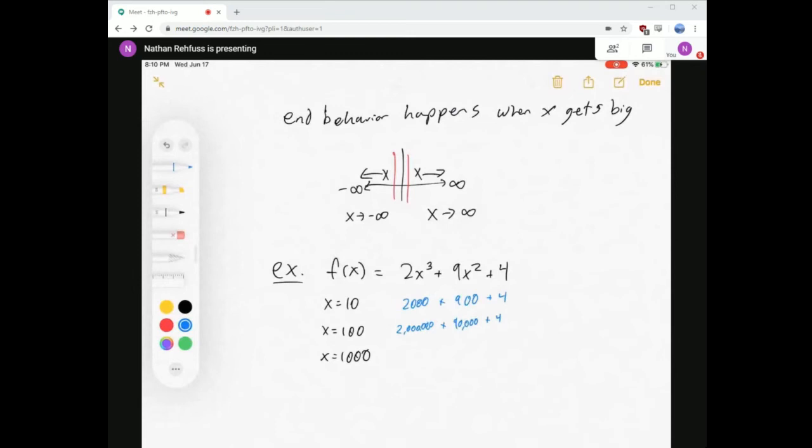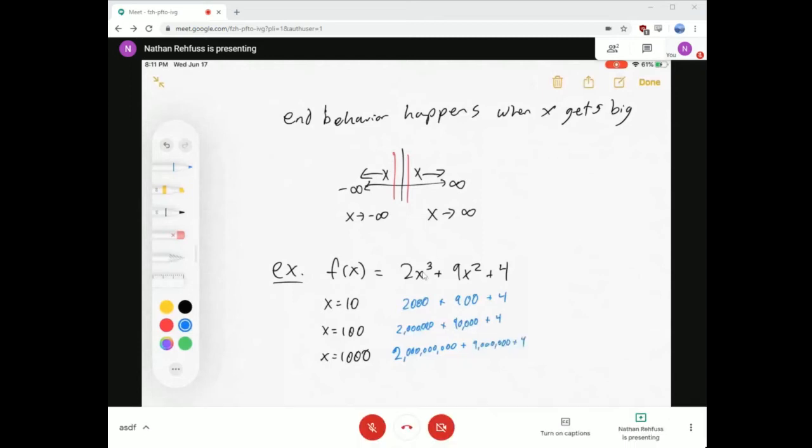And this will be 2 billion plus 9 million plus 4. Now look at it this way. 900 is 45% of 2,000. 90,000 is only 5% of 2 million, and 9 million is only half of a percent of 2 billion.